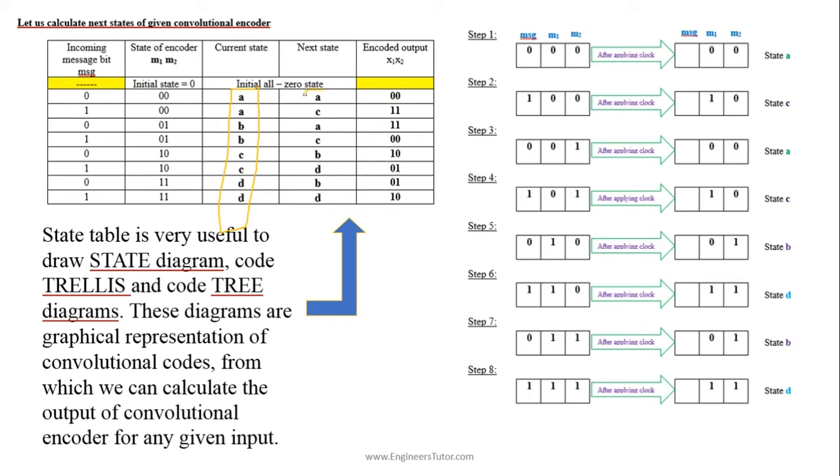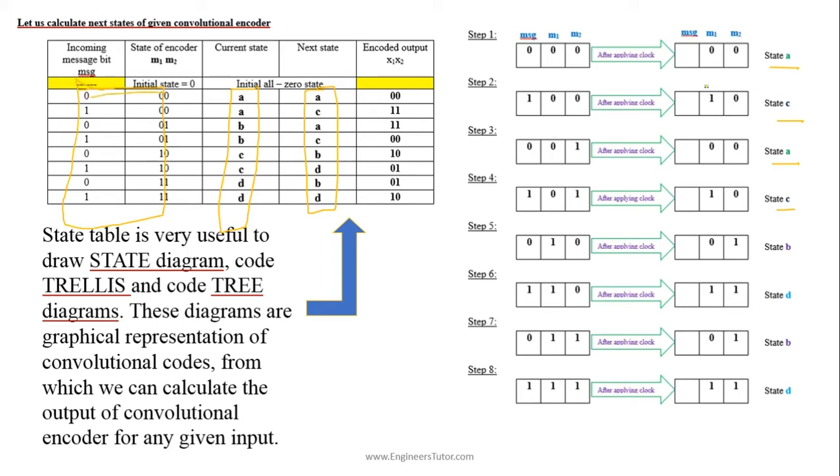So this will be the next state: AC AC BD BD. Blindly you can remember the next state of the encoder will be the combination of the first two columns.